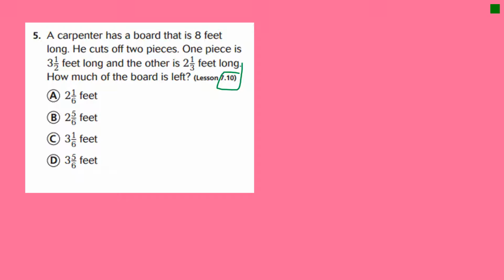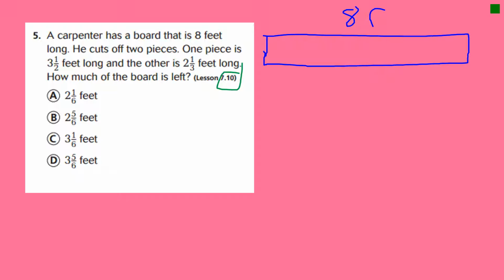Let's see here. A carpenter has a board that is 8 feet long. He cuts off 2 pieces. One piece is 3.5 feet long, and the other is 2 1/3 feet long. How much of the board is left? All right, let me think about this now. Carpenter has a board that is 8 feet long. He cuts off 2 pieces.